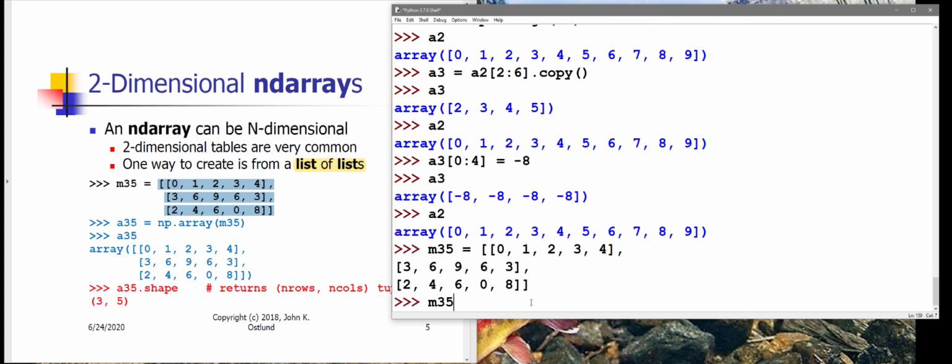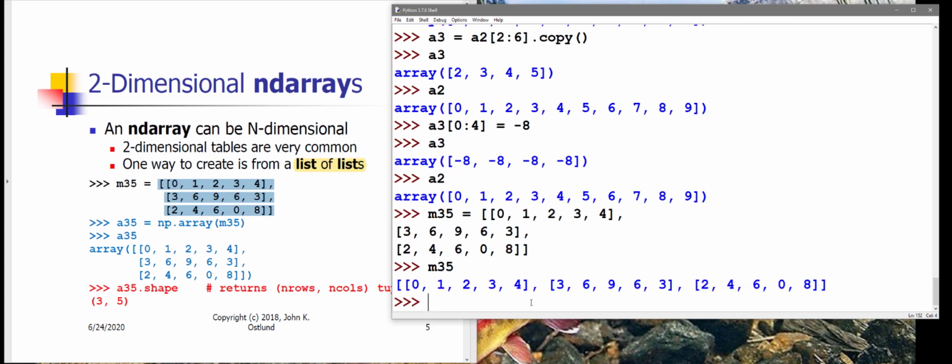And M35 is now a list of lists, and each sublist has, pardon me, 5 items within it. The name M35, I chose that to remind myself, which I forgot, obviously, that I'm going to think of this as 3 rows and 5 columns. Let me now create A35, which is an ND array.